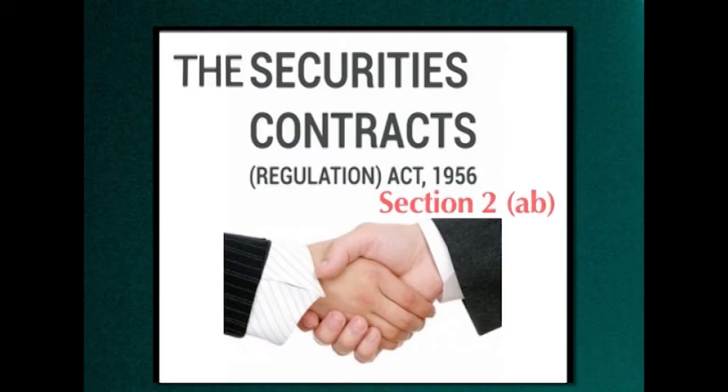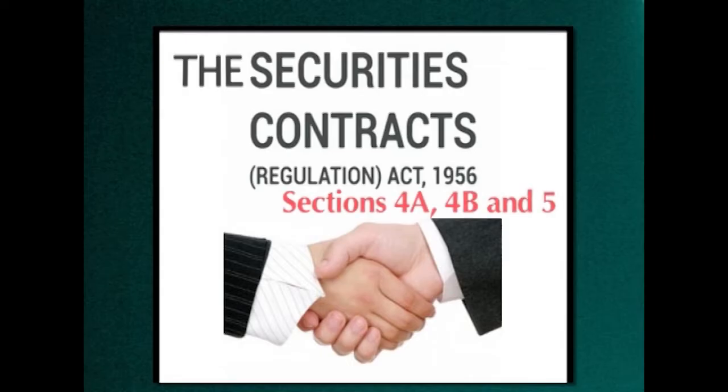Demutualization. According to Clause AB to Section 2 of the Act, demutualization means the segregation of ownership and management from the trading rights of the members of a recognized stock exchange in accordance with a scheme approved by the Securities and Exchange Board of India.